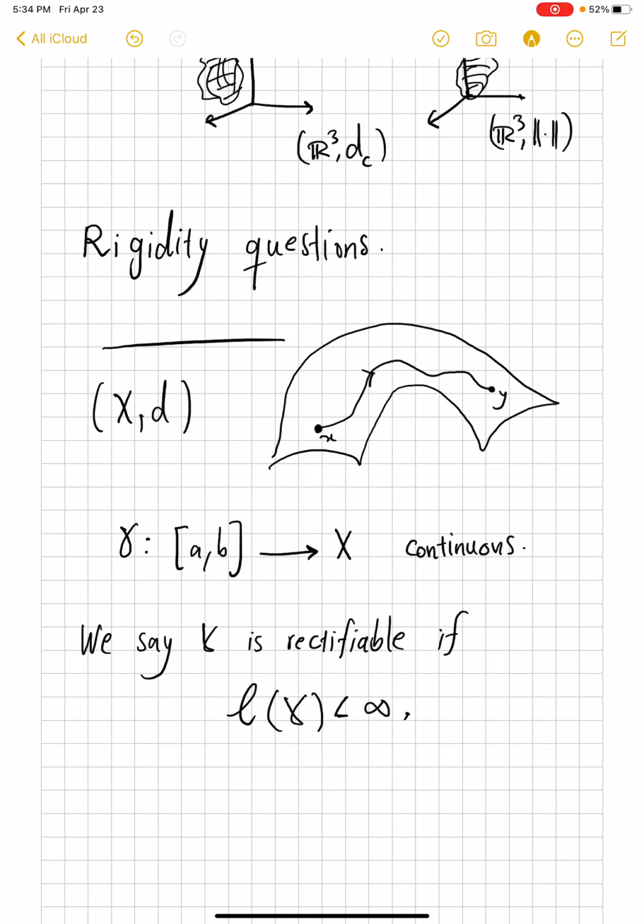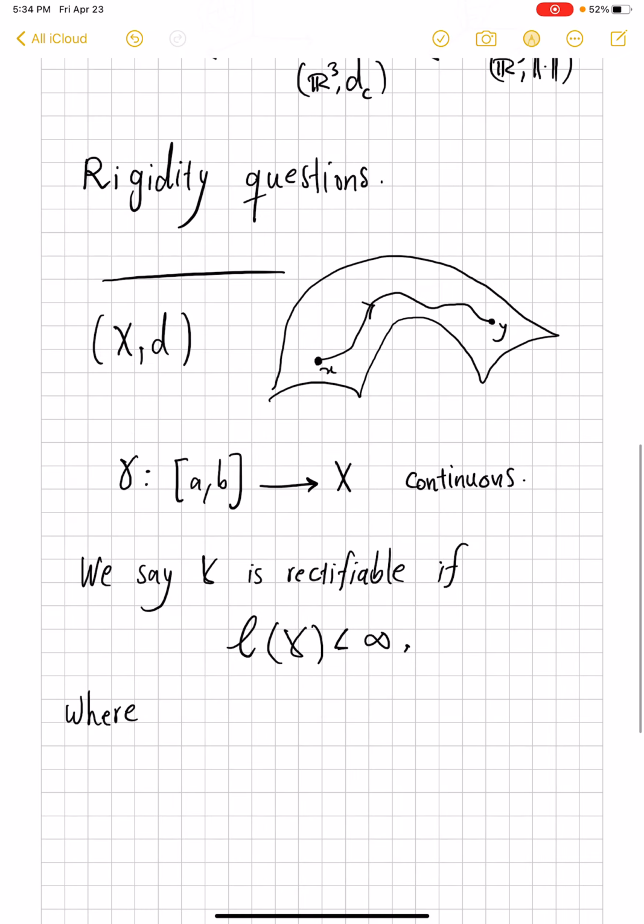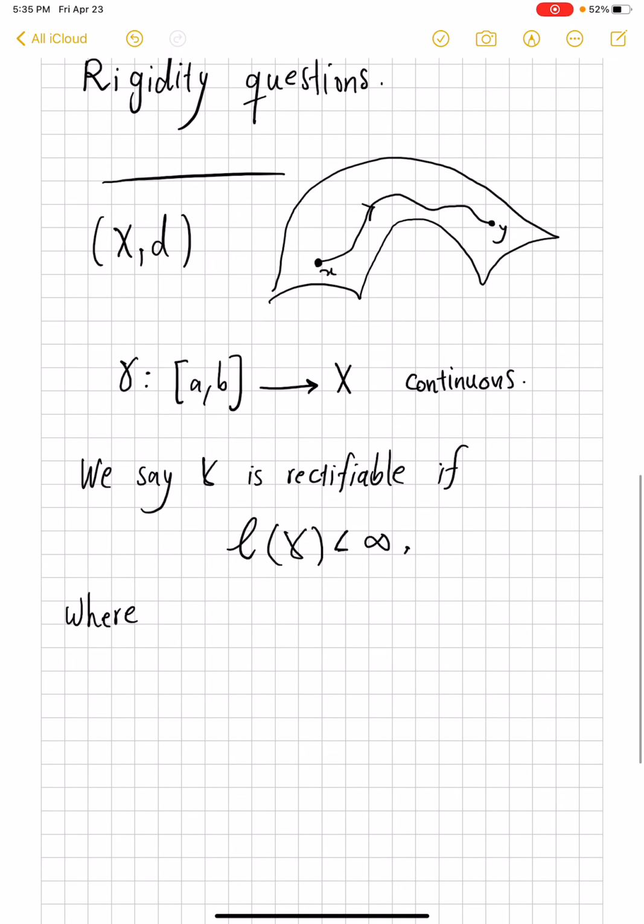But then the question is, what is the length of gamma? And here is where you have to go beyond Euclidean spaces and manifolds. In the Calc 2, Calc 3 version of length, to compute the length, you take the derivative of gamma, which becomes the velocity of the curve.